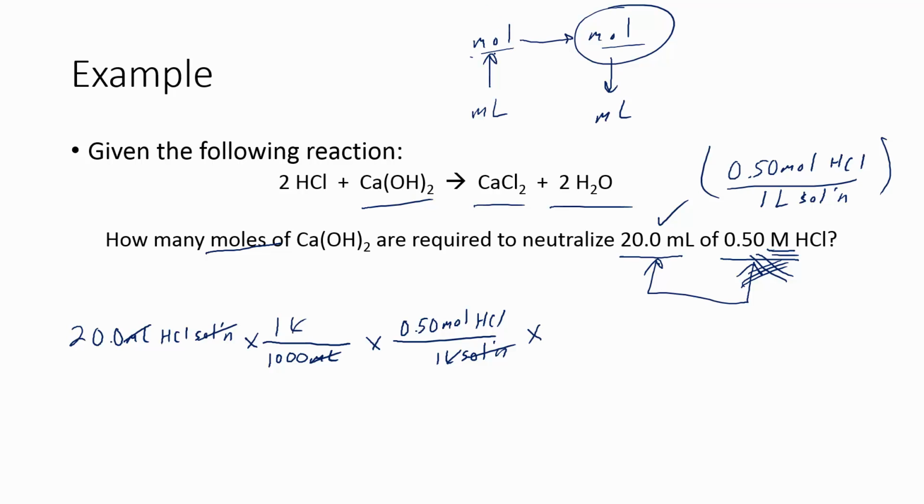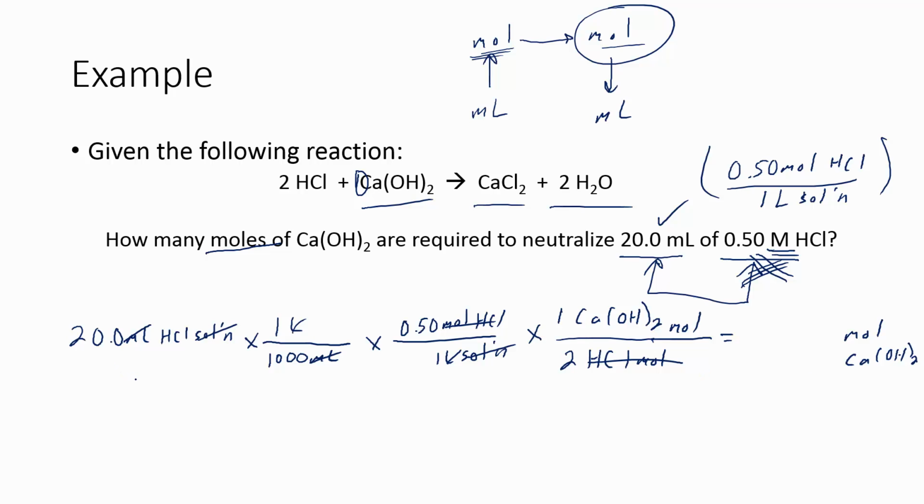So I'm right here. Now I go to moles of the thing that I'm really interested in, the calcium hydroxide. So there's 1 calcium hydroxide mole for every 2 hydrochloric acid moles. So moles of HCl cancel out, and I'm left with moles of calcium hydroxide, which is what I want.